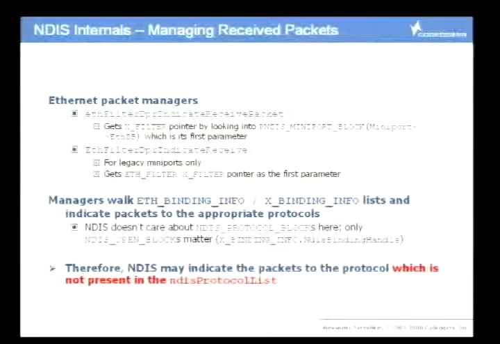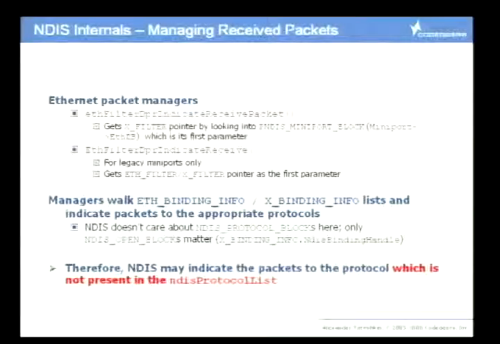And to manage received packets, packet indication code will call these two functions: ETH filter DPI indicate receive packet or ETH filter DPI indicate receive. The second one is for legacy miniports.